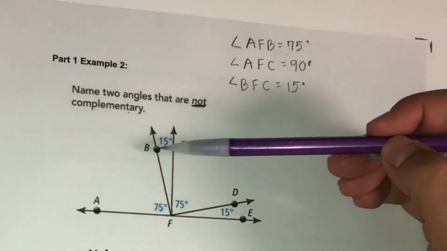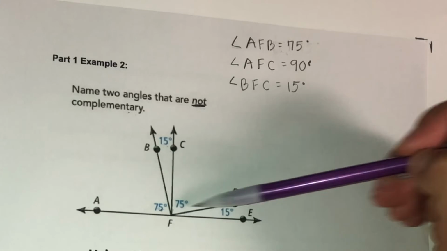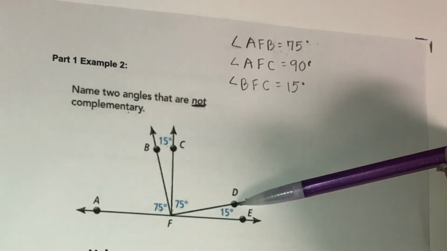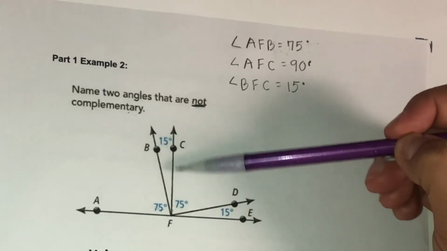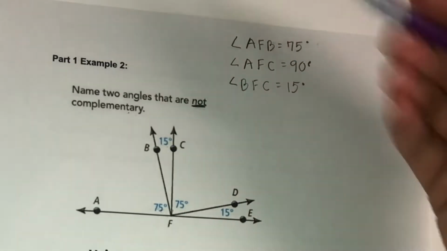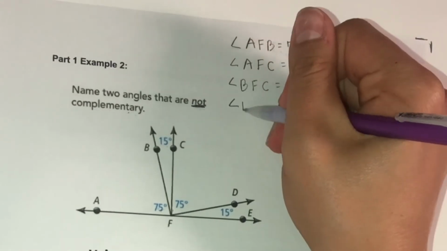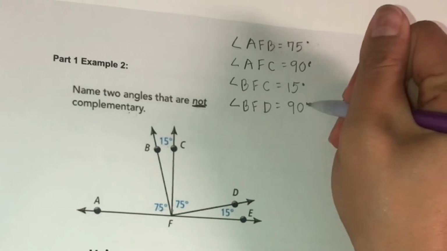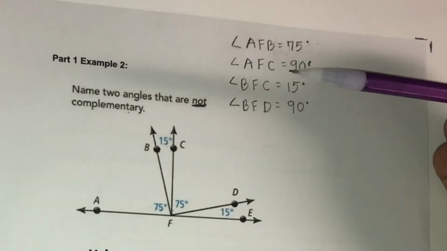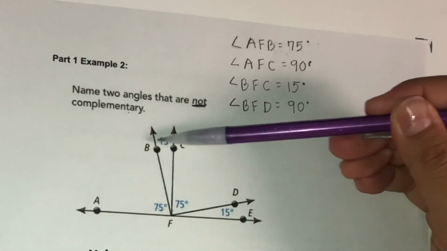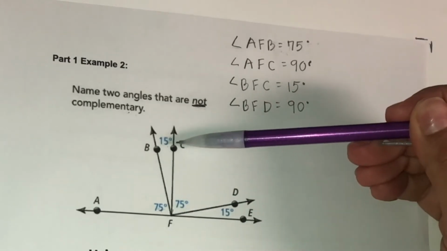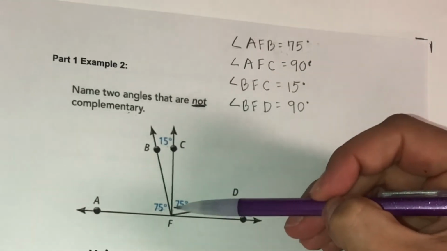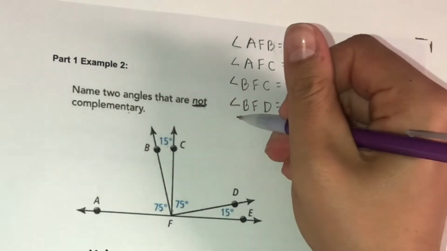My next angle, I could go to this one right here. Angle BFD, which I know is 15 plus 75, which gives me 90 degrees. So angle BFD equals 90 degrees. The next angle, so we did this one, we did this one. My next angle is CFD. I know angle CFD is 75 degrees.